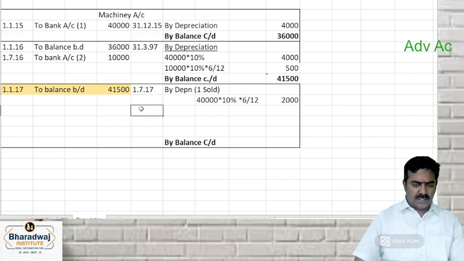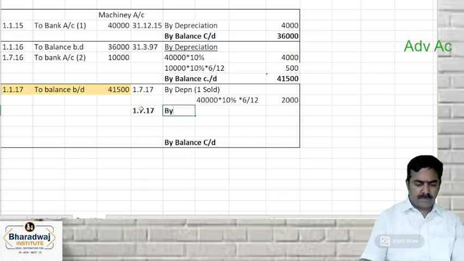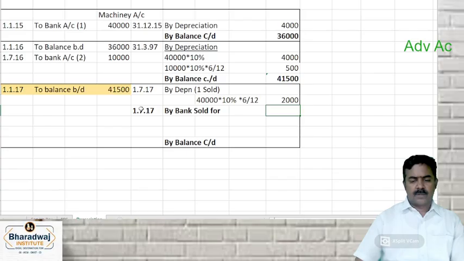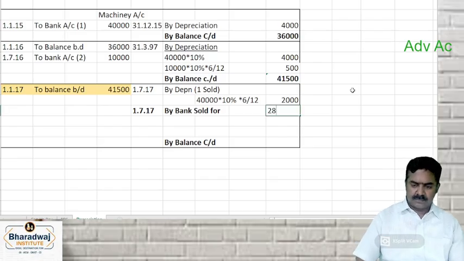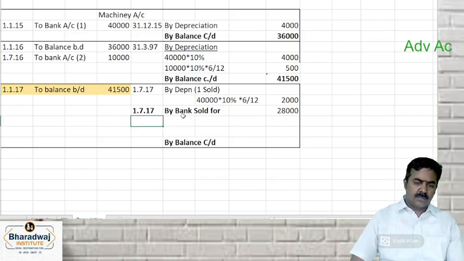By bank, how much have you sold it for? Sold for how much? It is sold for 28,000. Profit or loss?